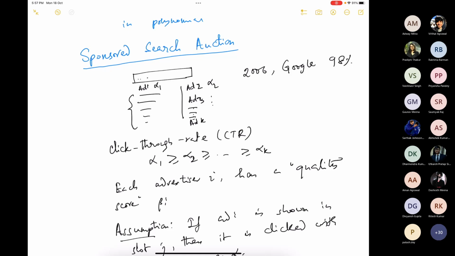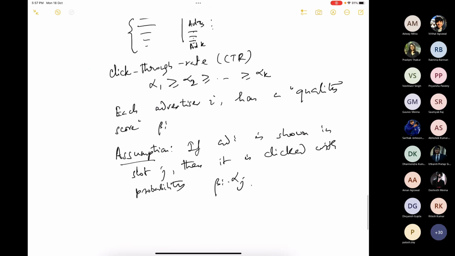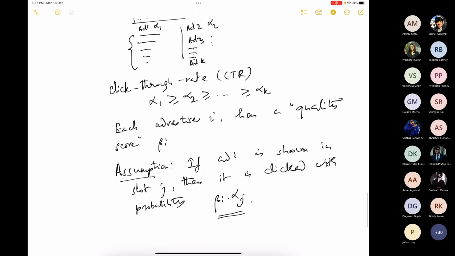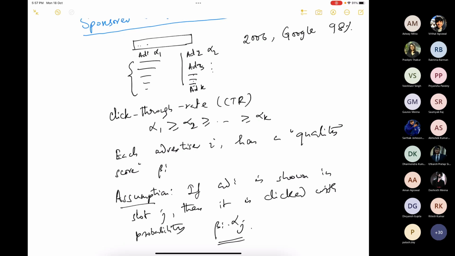Okay. Questions. For example, the most natural approach would be that you sort all the available ads by this quantity and take the top k. But that sort of thing does not work, because if some ad has very high beta i, then you do not want to show the same ad in two different slots.